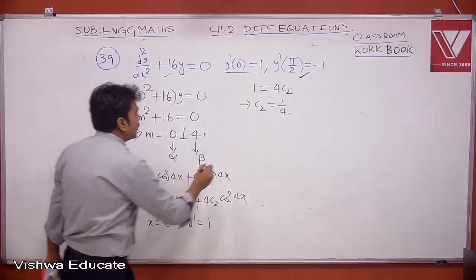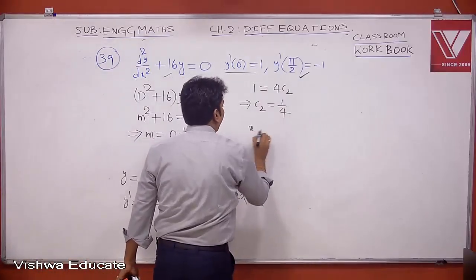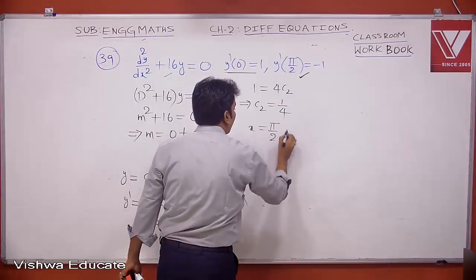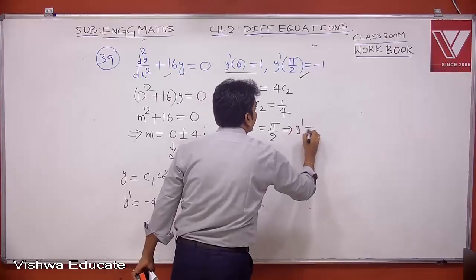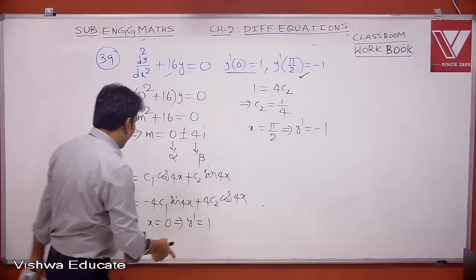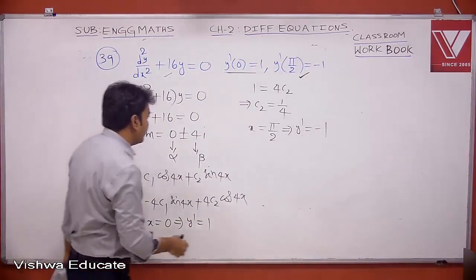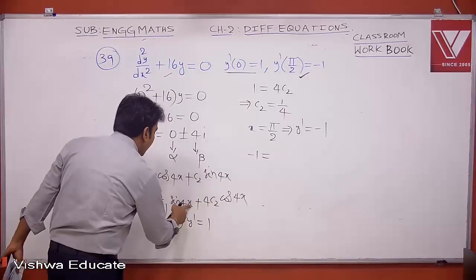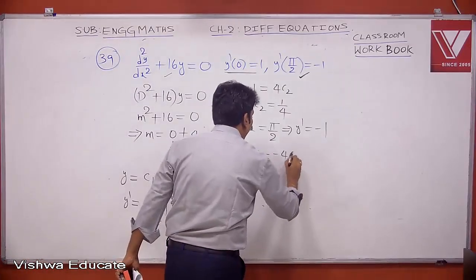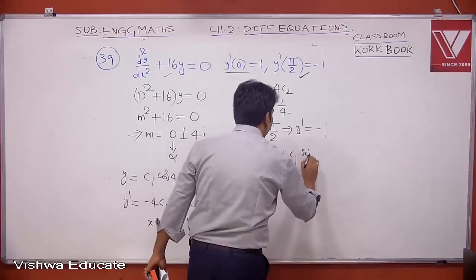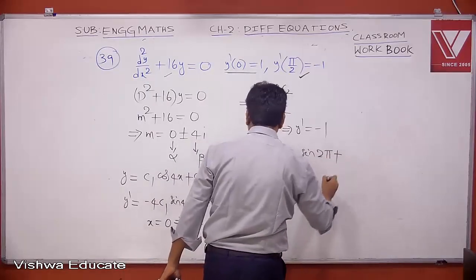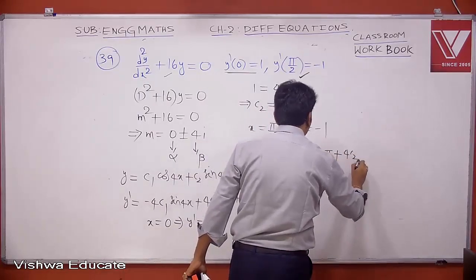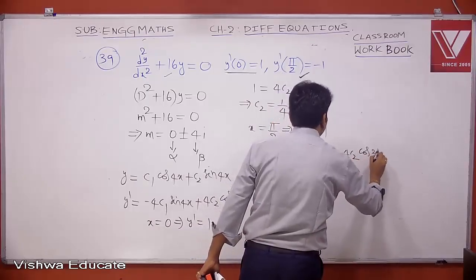Now, what is the second boundary condition? When x equal to pi by 2, y dash equal to minus 1. Now replace y dash by minus 1 when x equal to pi by 2. Therefore this is minus 4c1 into sin 2 pi plus 4c2 into cos 2 pi.